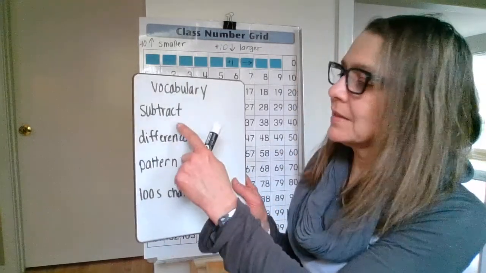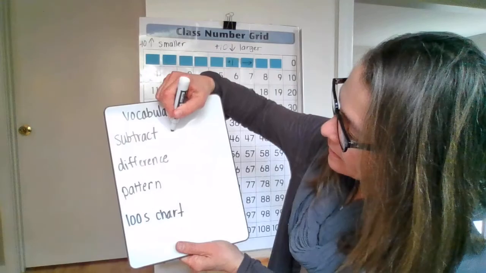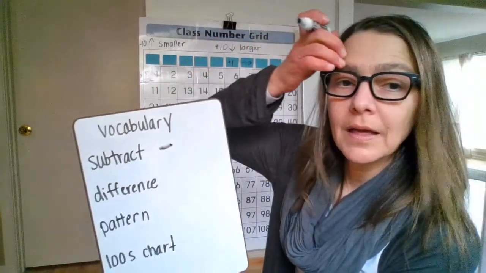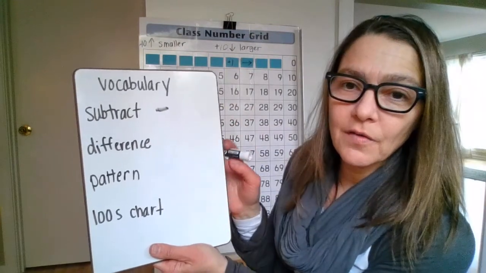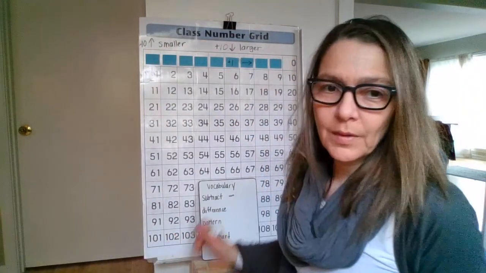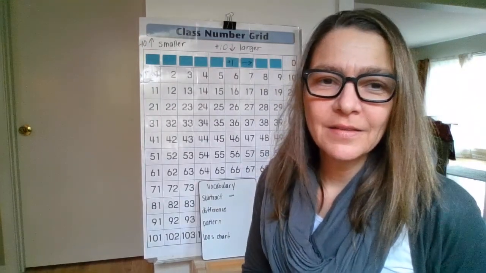We are subtracting. And when you subtract, you take away. So you will need a minus sign. Okay, and I'll go over the other vocabulary terms after the solve and share. So pause the video right here, get that done.